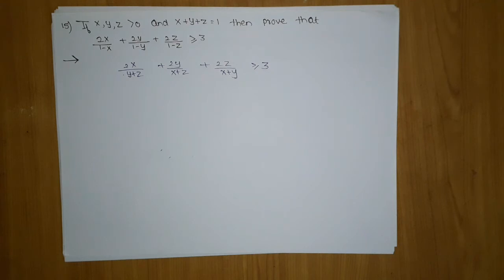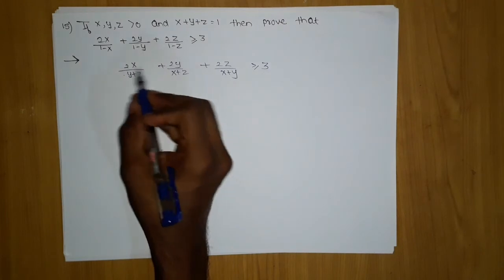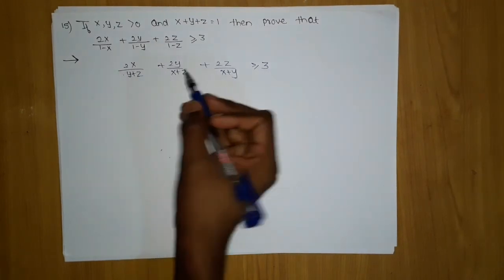If I take 2 common, then what can we do if I predict these terms? We want to create, if I consider these denominator terms and cross multiply, then they will form 2x, 2x, 2y, 2z.